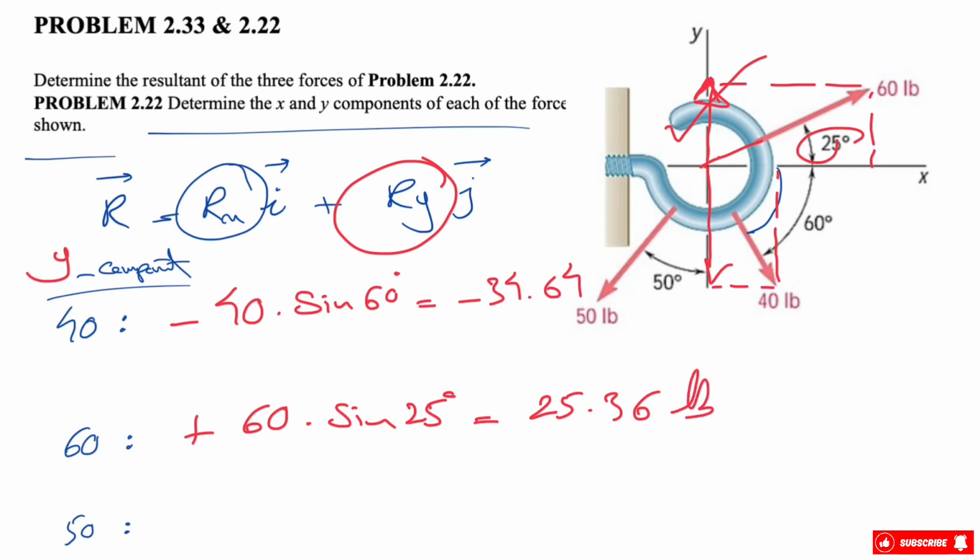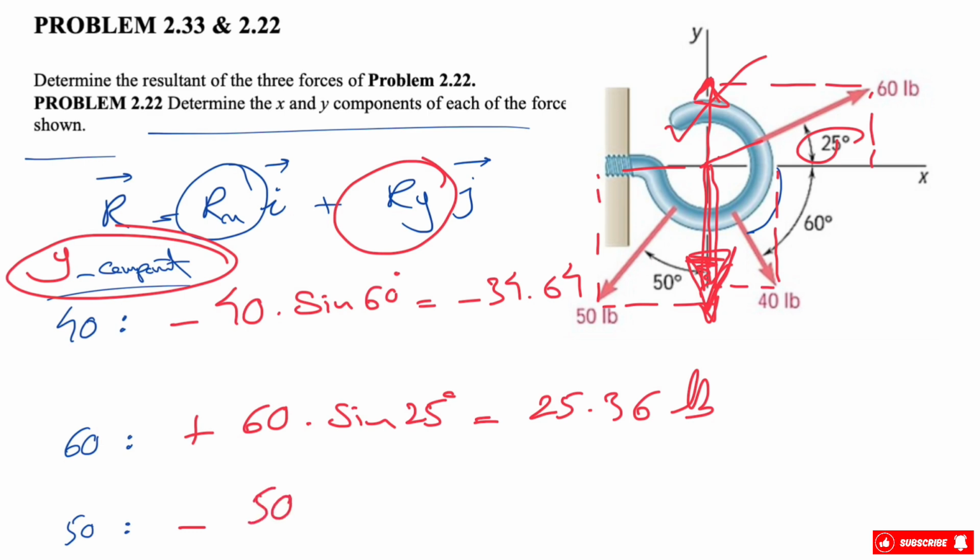So again, we are finding the y components of each, and at the end we need to add all these three amounts together to find the Ry. And the last one is the 50 pound force, which will be this force over here. The y component will be this force that I'm showing in here. Again, we'll see that it's downward, so negative.